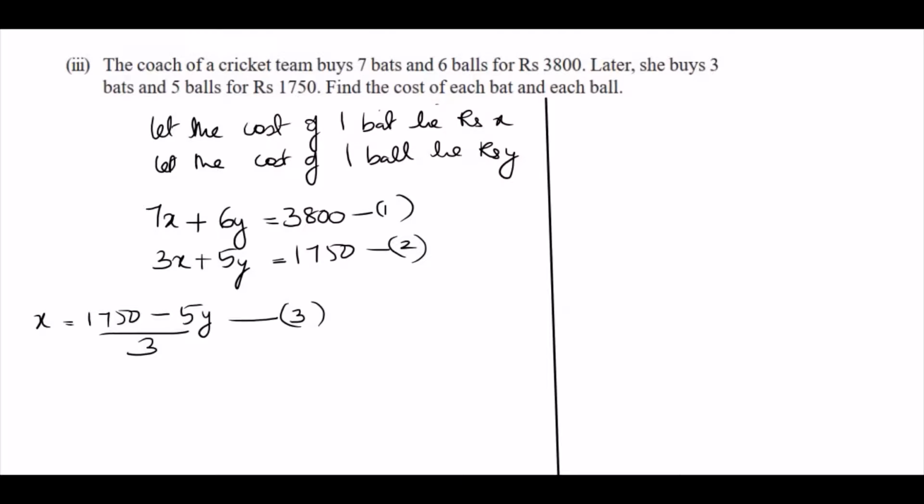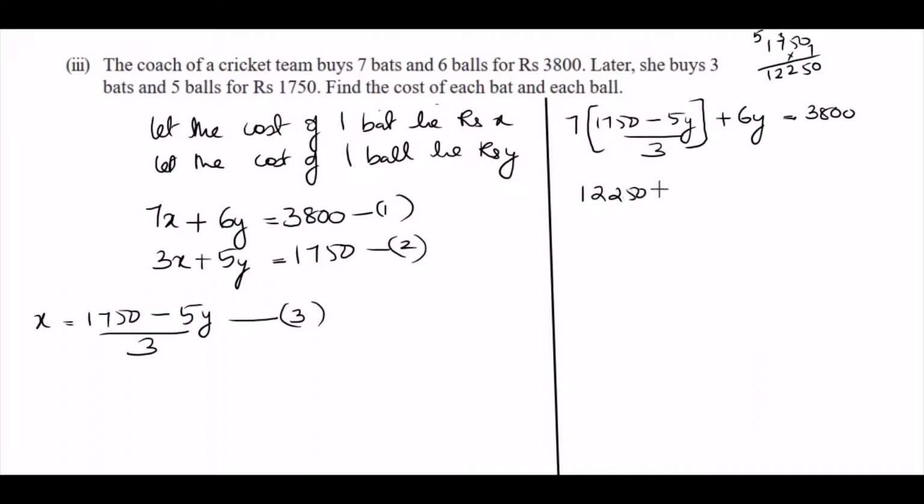So you get 7 into (1,750 minus 5y) by 3 plus 6y is equal to 3,800. So 7 into 1,750 is 12,250, minus 7 into 5 is 35y, by 3, plus 6y is equal to 3,800.